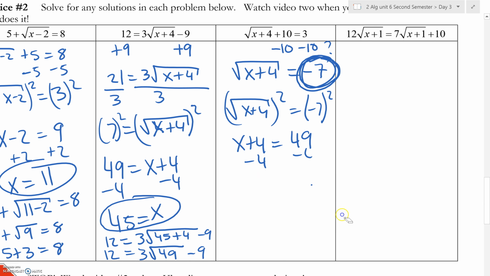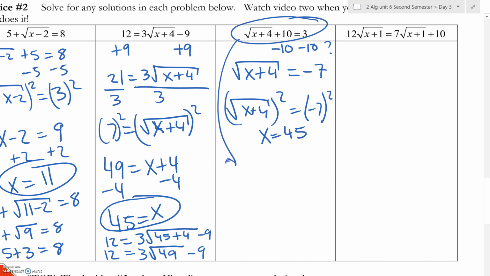All right, so if you thought perhaps that x was equal to 45, let me show you why it can't actually work out that way. Take a look at this and think of a quick sketch. Okay, so this has been moved left 4 and up 10. So left 4 and up 10, and it's a square root graph, and so it looks something like that. So here we are at -4, 10.